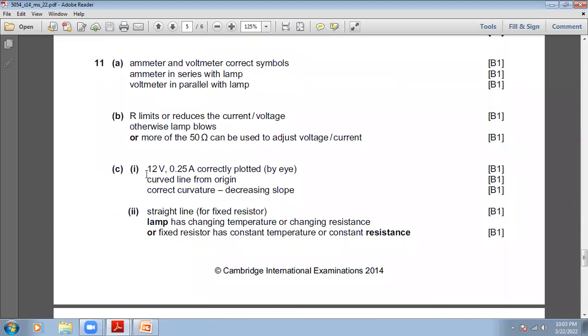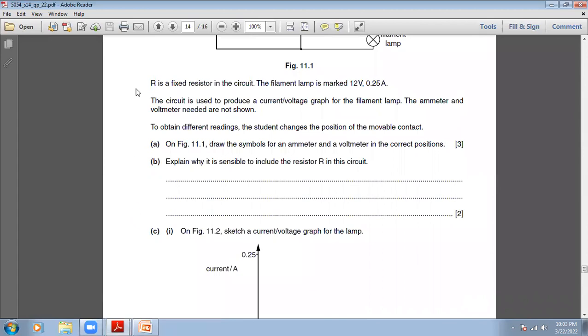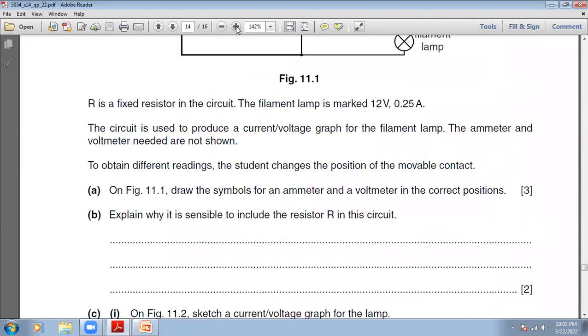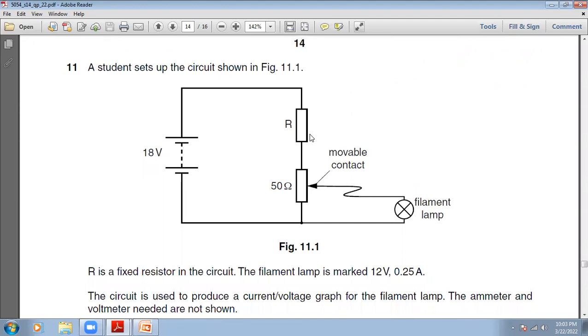So let me show you question number 11, A part. Our answers are right. Then he says, explain why it is sensible to include the resistor R in this circuit. The reason is when you include a resistor here, it increases the resistance of the whole circuit.